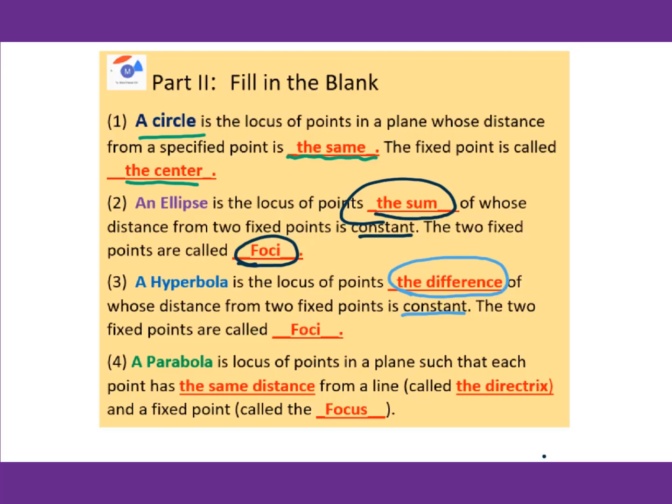The two fixed points I call the foci. A parabola is the locus of points in a plane such that each point has the same distance from a line called the directrix and a fixed point called the focus.